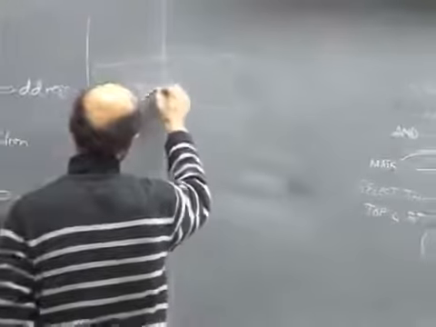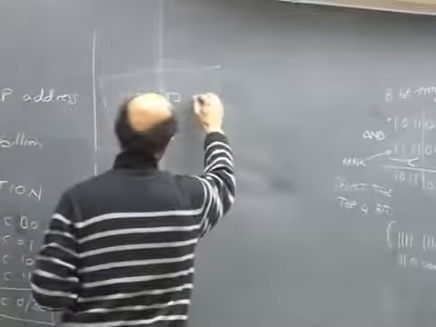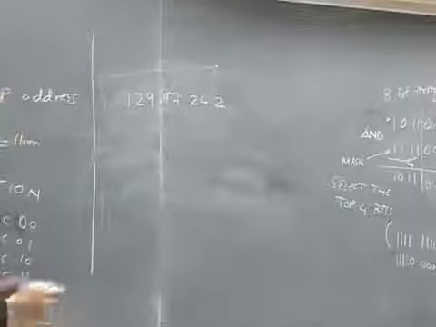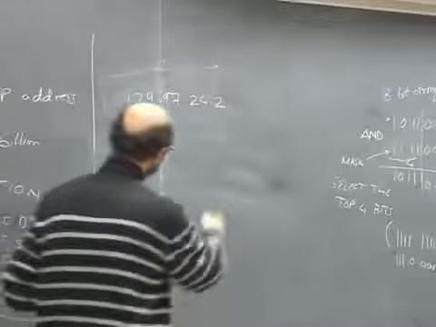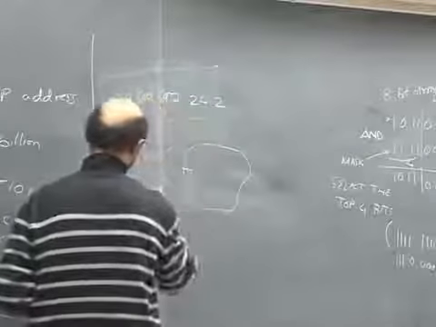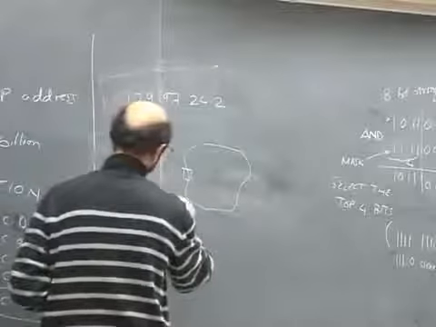So let's take address 129.97.24.2. Let's say that's the address I have over here. And let's say there's a subnet, like so, where all the addresses start with 129.97.24.